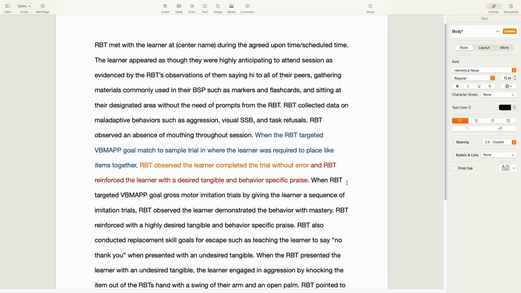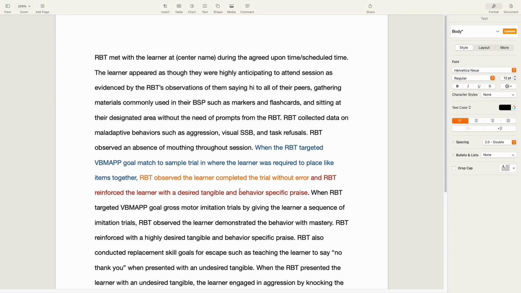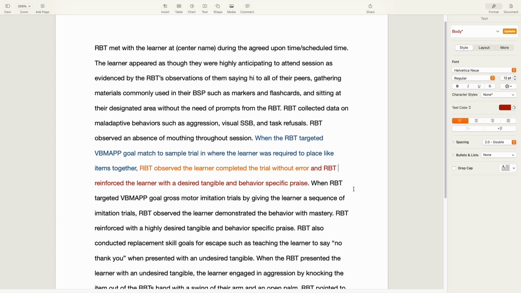Usually they're not gonna get a tangible for things. They're usually going to get behavior-specific praise, like, oh, good job, you know. So you always want to write that you reinforce with behavior-specific praise, and you don't just want to write it, you actually want to do it. And then also look at how specific this is.